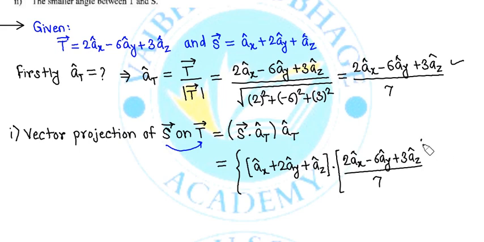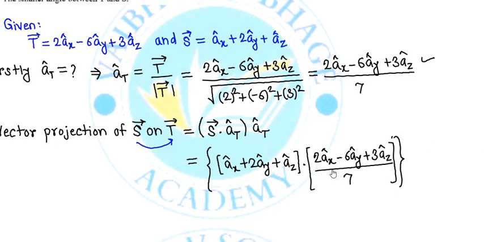Then complete this, and then again we have to multiply it by using your unit vector AT. So we are going to multiply that one.